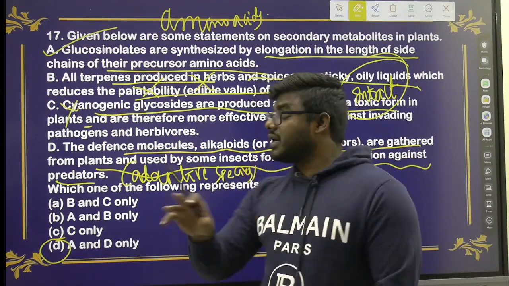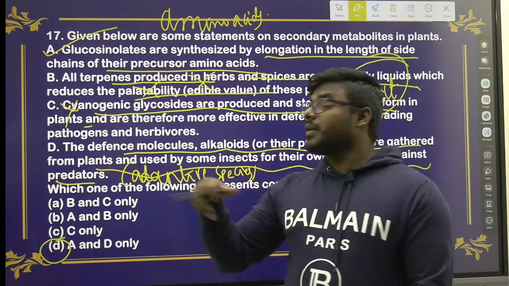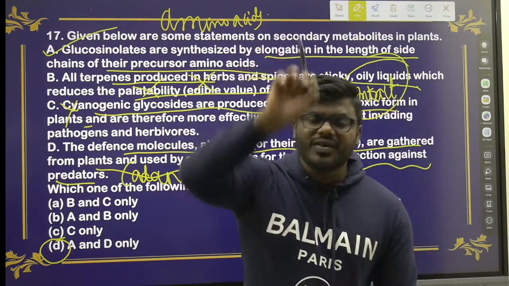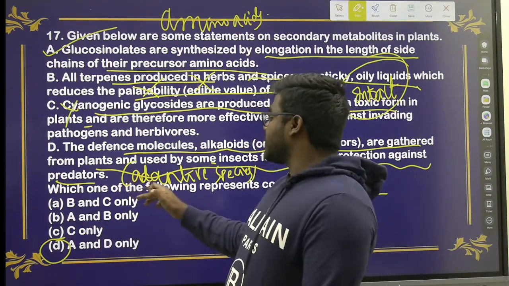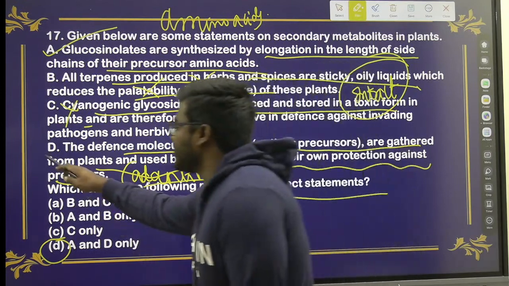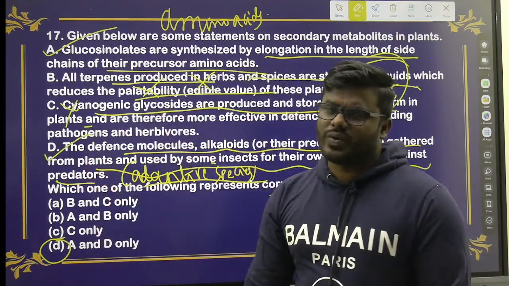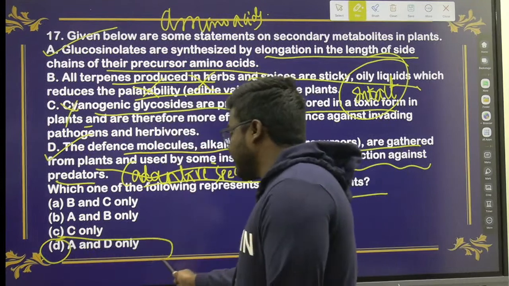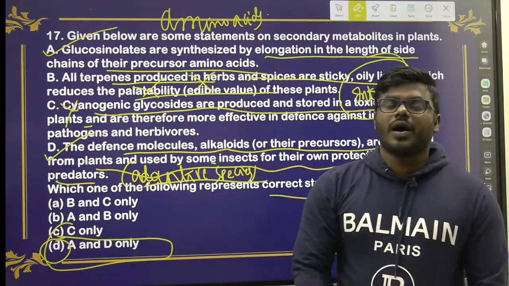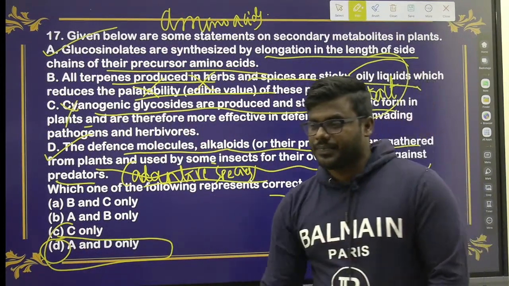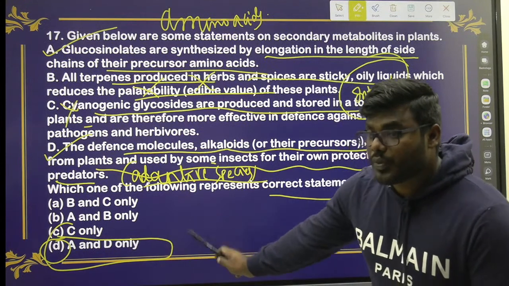They cannot get affected by these secondary metabolites even though they are toxic in nature. Option D is correct. Don't get confused, it's very important. Hence the correct answers will be A and D. Everyone understand, I hope. Good.